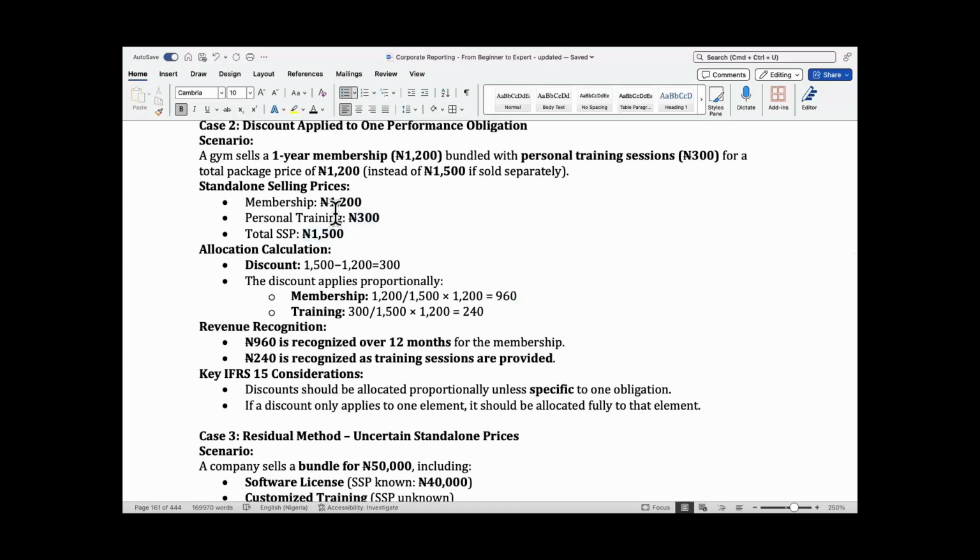So very straightforward. The core thing is knowing what the transaction price is, which is the total package, 1,200, as specifically mentioned in the question. So what we do is that this 1,200, we're not going to apportion it. We're going to allocate this 1,200 on the basis of the standalone selling price of each of those services in the contract.